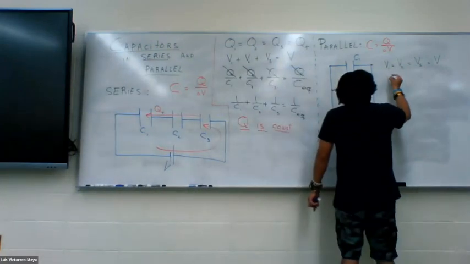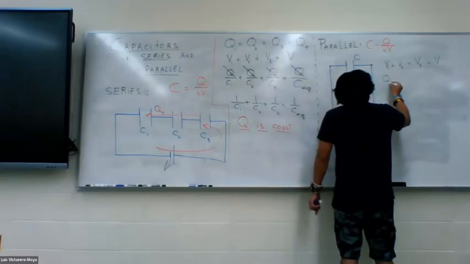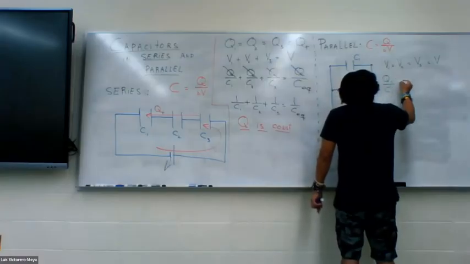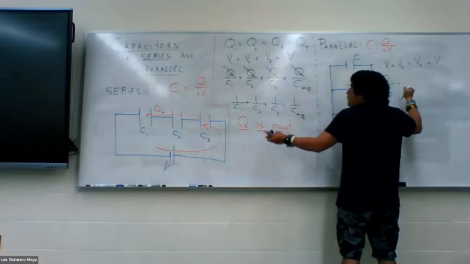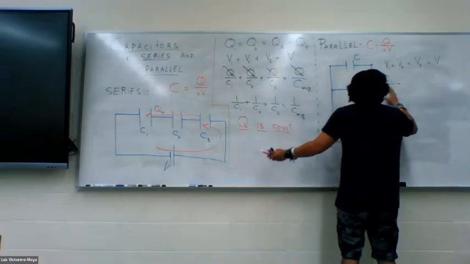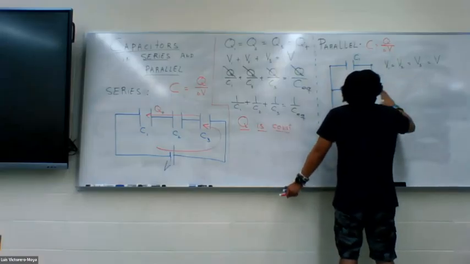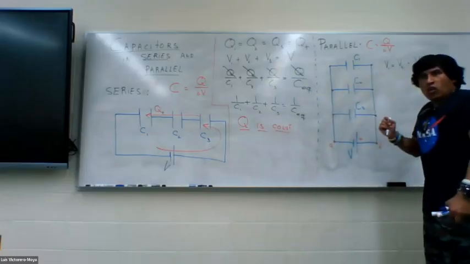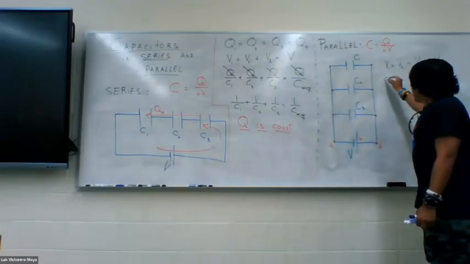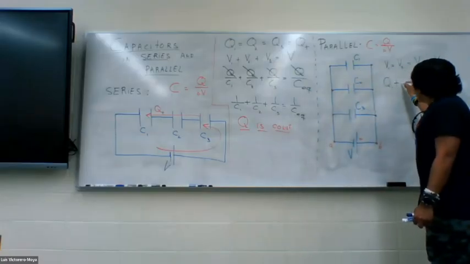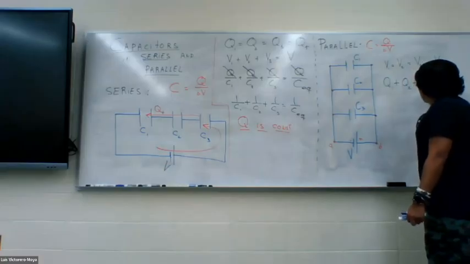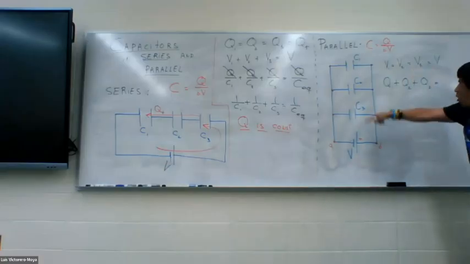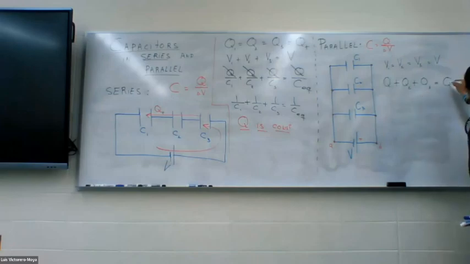So Q1 plus Q2 plus Q3 is the overall charge of the circuit, the total charge.